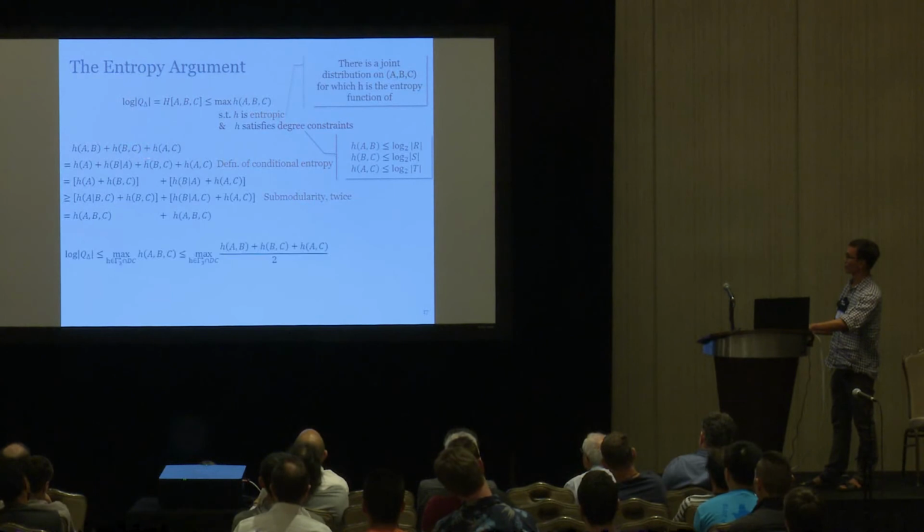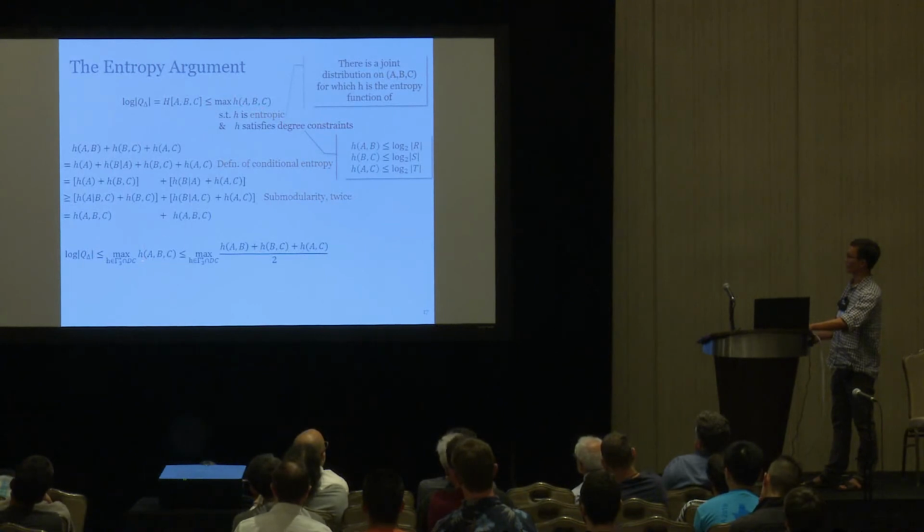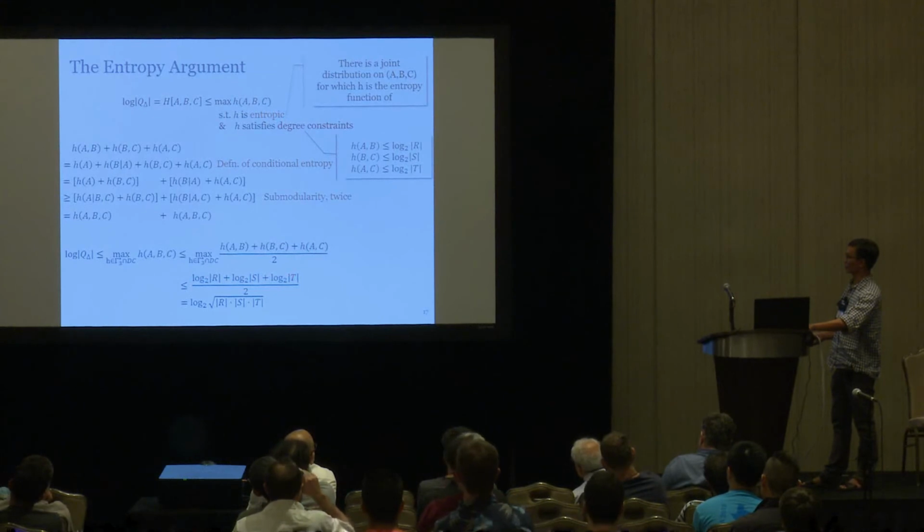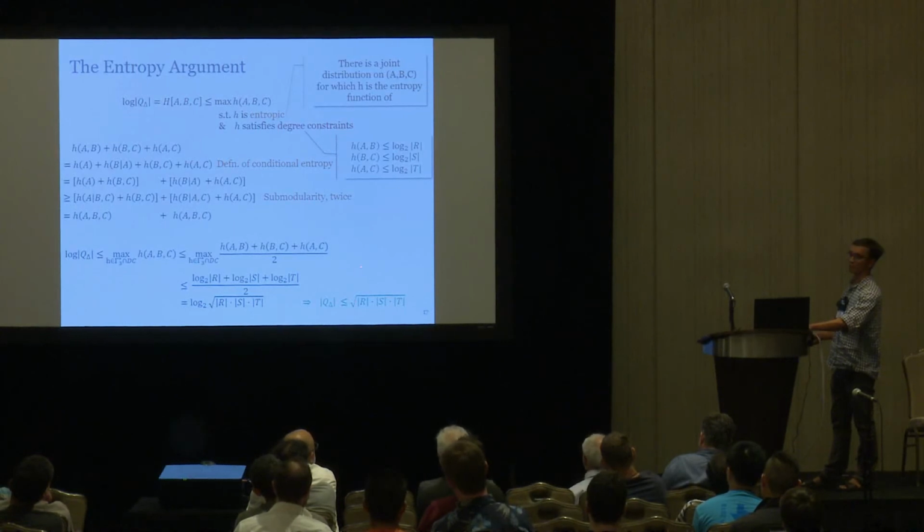So we use this to prove a bound that says log of Q is less than the max of HABC, which I just proved is less than the average of the sum. Now we apply the degree constraints. H of AB is less than log R, HBC is log S, and HAC is log T. So you sum over the 3 logs, which is the log of the product. And voila, again, it's the square root of R, S, and T.